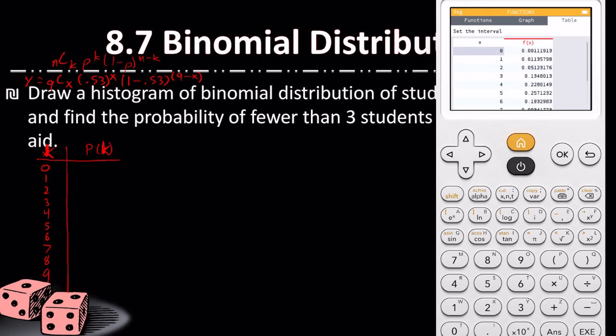Oh, look at that. When it's 0, I have 0.00112.